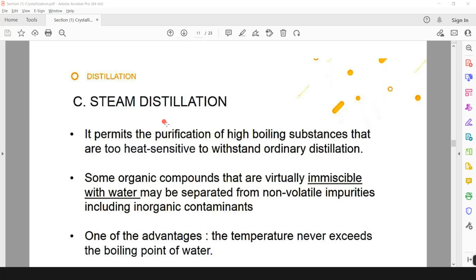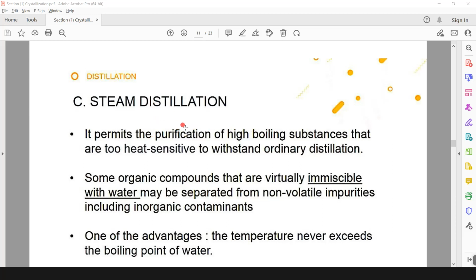What can I do in order to reach the boiling point without raising the temperature so much? We said there are two methods, and we explained them. The first method was by adding another liquid in order to increase the amount of vapor, and the mixture will boil below the lowest boiling point of the two liquids, or by adding vacuum. In steam distillation, we will add another liquid. What is the other liquid? It is water. We will add steam of hot water.